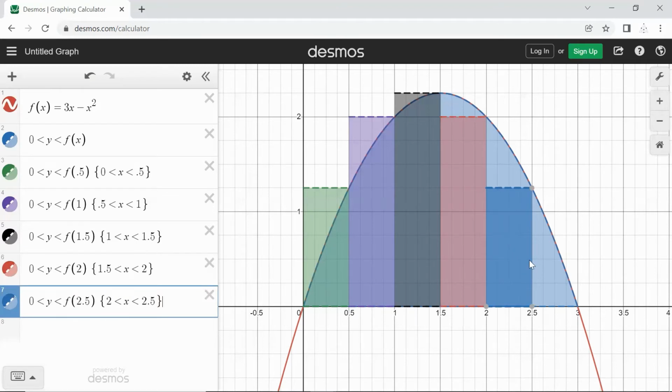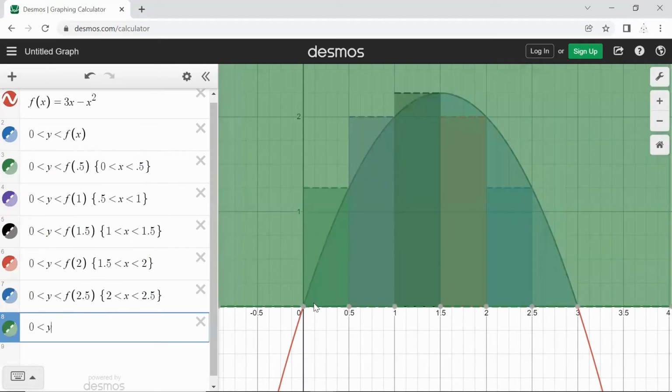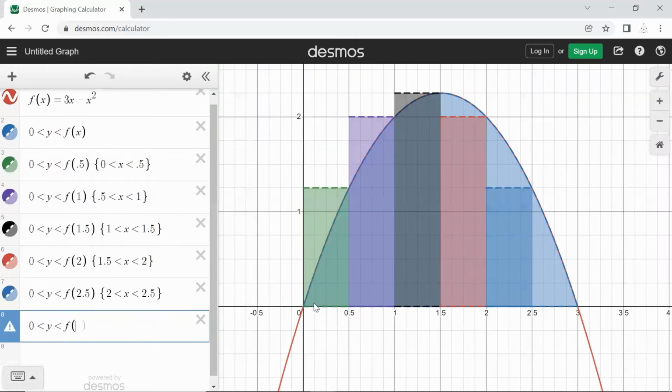It's going to go from a y value of 0 up to the value I get when I plug 3 into the function. Notice when I plug 3 into the function, I just end up with 0. So in other words, this last rectangle has no height. The width, though, is still from 2.5 to 3. You can't really see it, but it's a rectangle of height 0 here at the end.